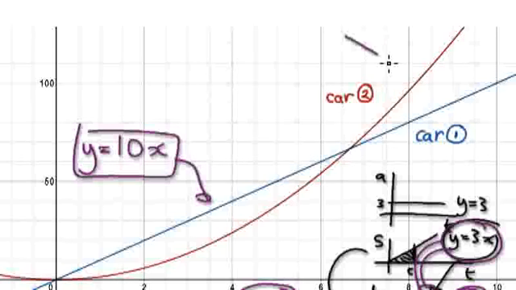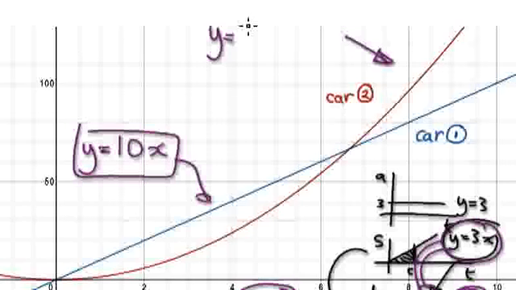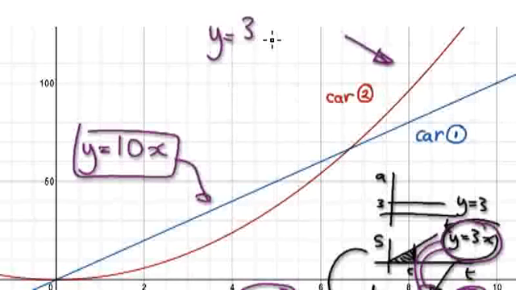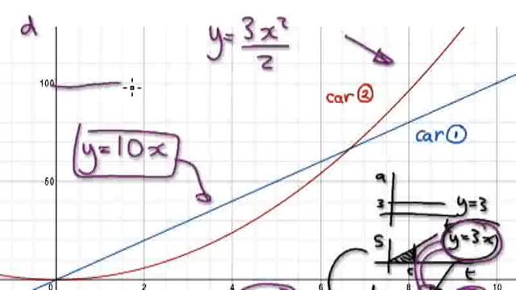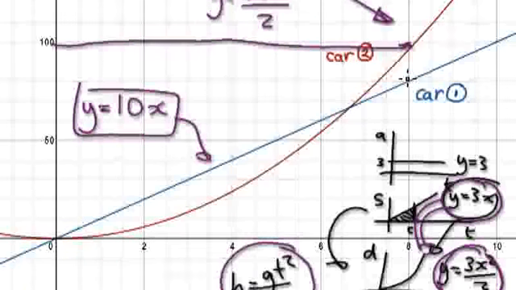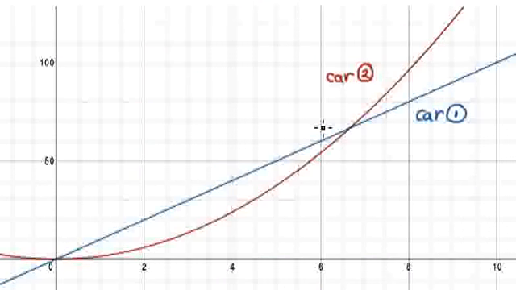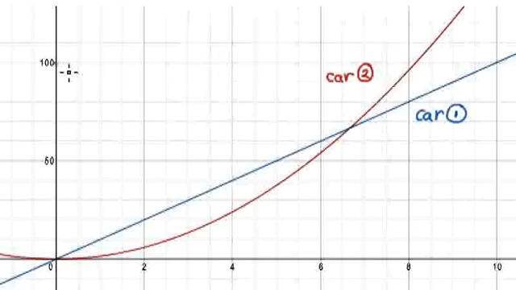So to plot the red line here, I did y equals 3x squared over 2. Remember, 3 is the acceleration. Now look at this. Because this is a distance time graph, this is the 100 mark here, and as we move across, this is time.